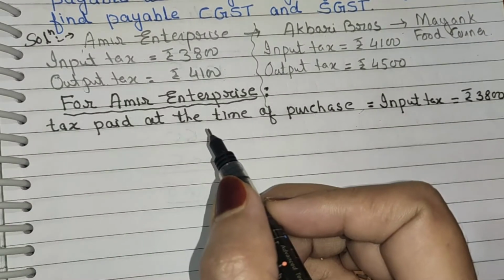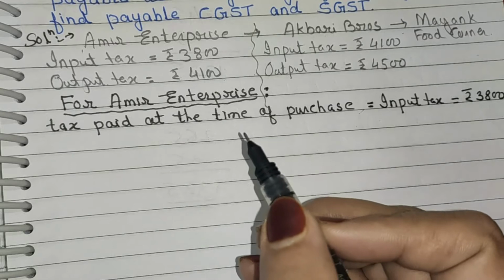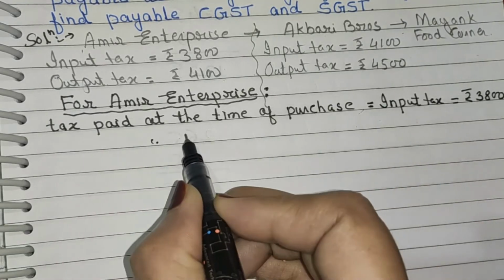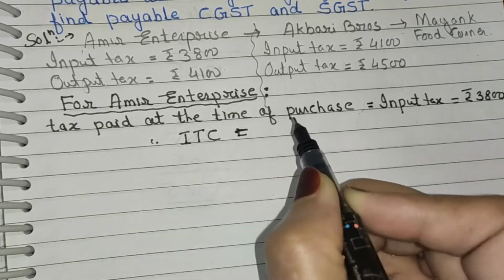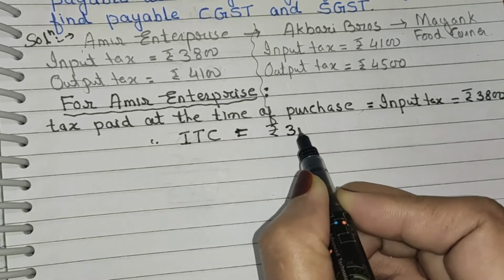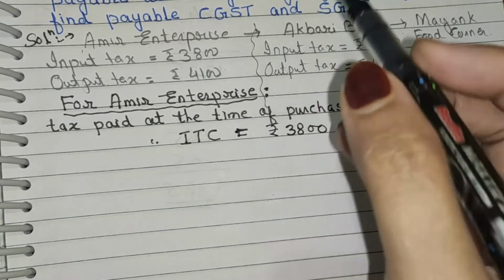Now it is the ITC for Amir Enterprise. Therefore, input tax credit is equal to rupees 3,800.